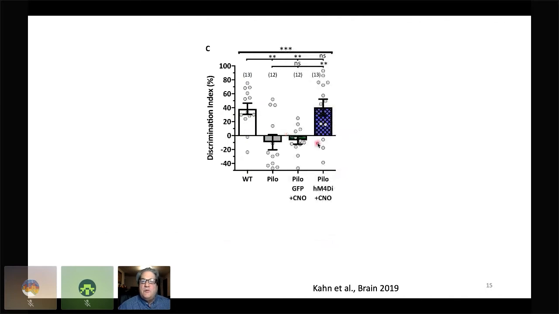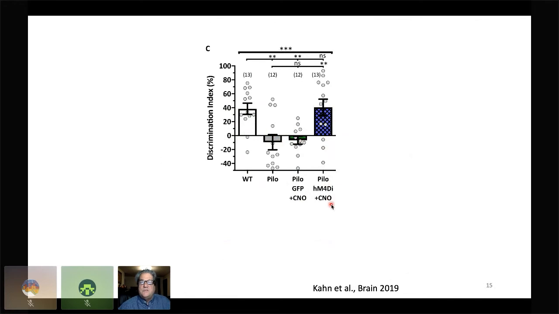What happens when we reduce the hyperexcitability in this circuit using these designer receptors? And the answer is you can make the mouse smarter. So here's that pilocarpine mouse in which the vector contained GFP, i.e. no DREADD, and CNO is given, and it similarly cannot attend to the moved object.